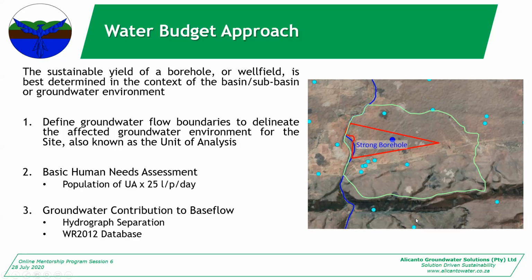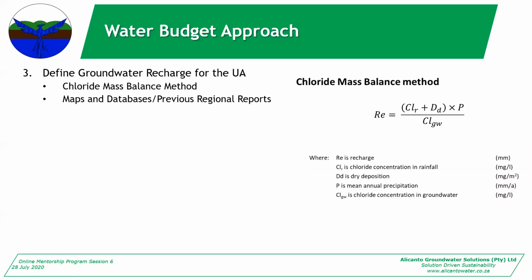So we've got unit of analysis, then we do our basic human needs assessment and the groundwater base flow contribution. Then we have to define our groundwater recharge for the unit of analysis. You do this by the chloride mass balance method if you have it, or you look at your vector maps, databases, any regional databases, your soil maps, groundwater harvest potential, all previous reports for the region or near to the site.